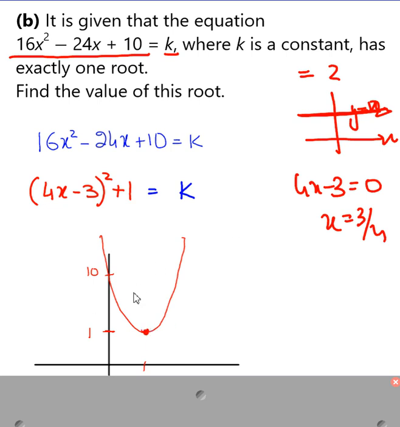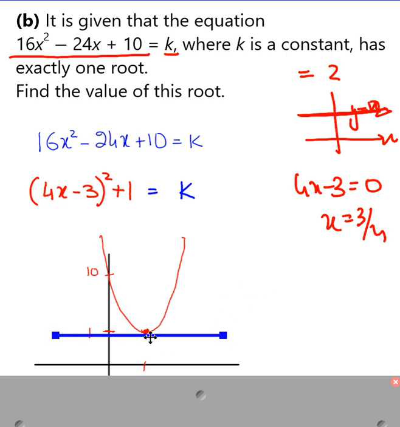Now this curve is meeting with some straight line, right? Now for example, I draw a line here. If I draw a line here, it is intersecting at 2 points. Then the equation has 2 roots, but the question is saying it has only 1 root. So the only possibility is that it passes exactly through this turning point. Yes or no? It is a little slant. Let me make it straight.